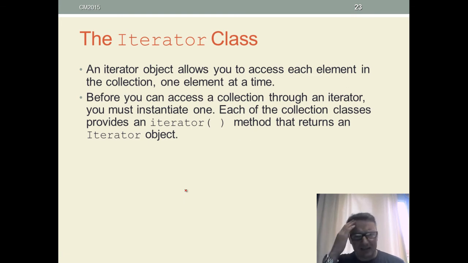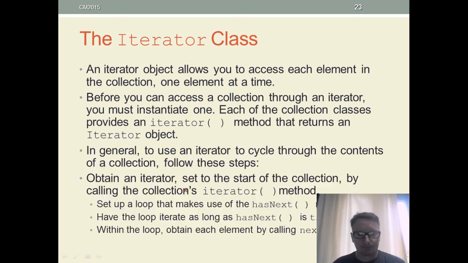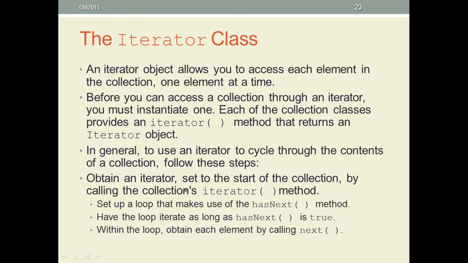An iterator class allows you to do the same thing as we've done in the other loops, but we're allowed to change things in the collection. One of the things we can do is create an iterator object, and then we can use the hasNext method, which allows us to decide whether there's something else that we can iterate through, or we can use the next method to actually get that element.